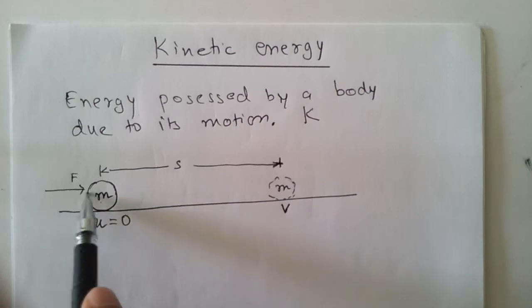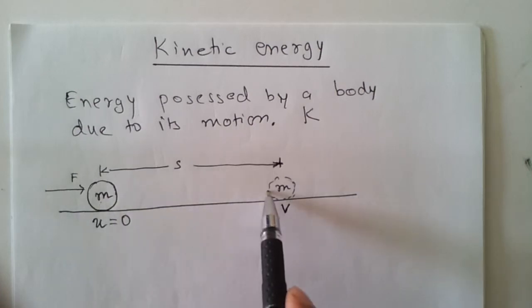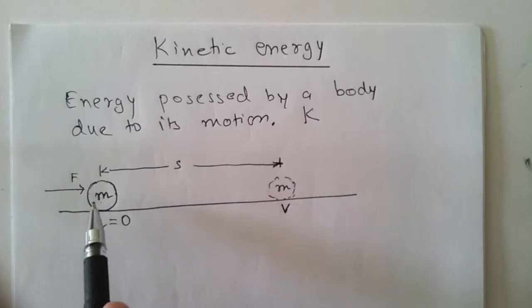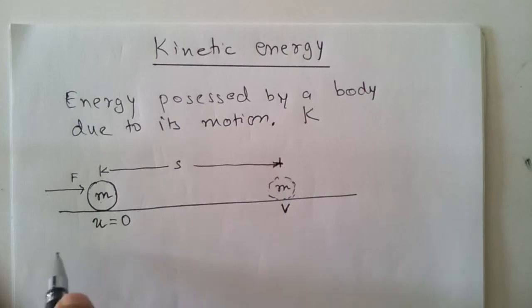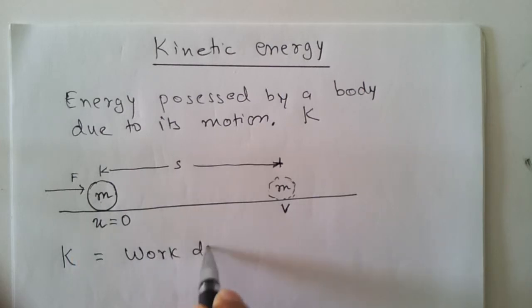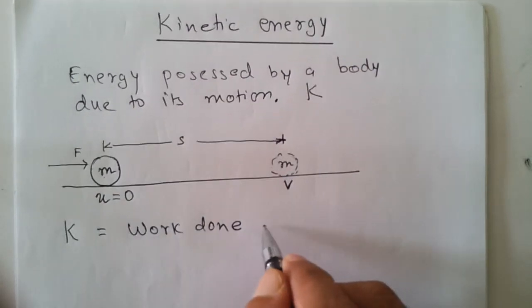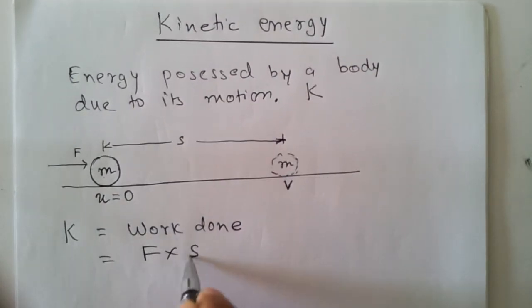This force has caused a displacement, so we have force and displacement, which is work done, and that work done has caused this body to gain kinetic energy. So if I want to find out the kinetic energy possessed by the body at this location, I need to find out the work done by the force F, right? And the work done by the force F is given by F into s.